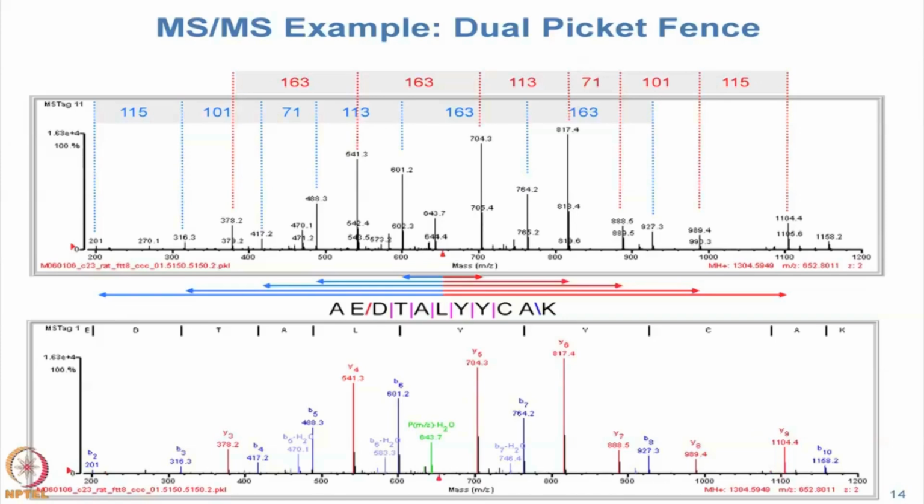This says that there was only a B ion in that position, and pink means that there's both B and Y, okay? So this peptide is fragmented nearly completely, but it has not given us information about the order of the first 2 residues, okay? Together they add up to 201, but we don't know whether it's AE or EA, okay? And similarly over here, we don't know the order of cysteine or alanine.